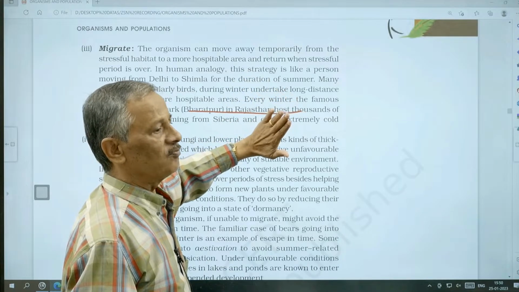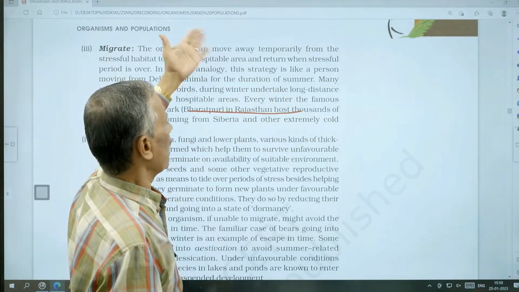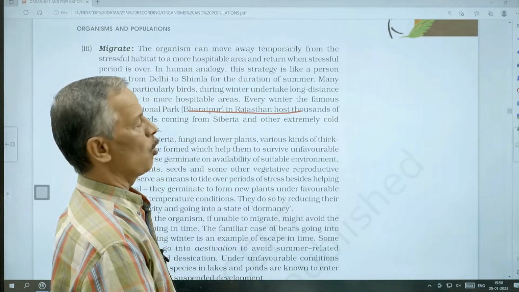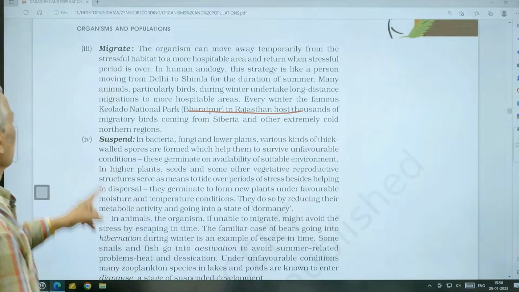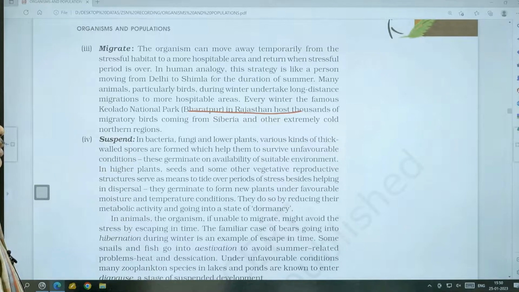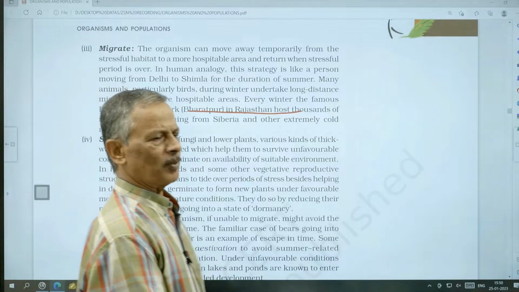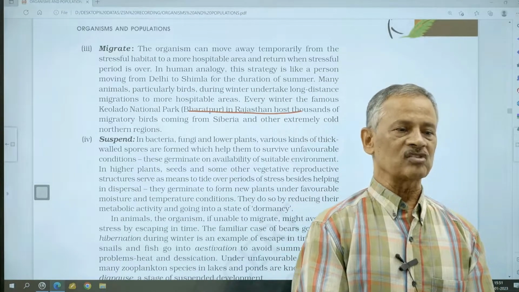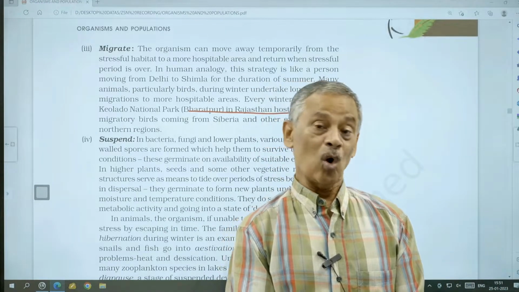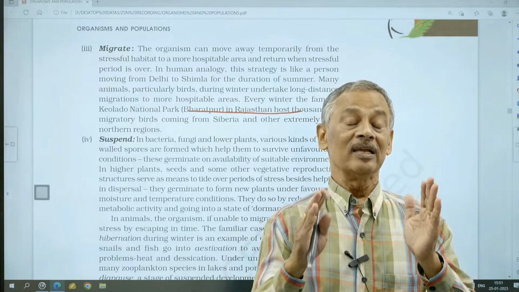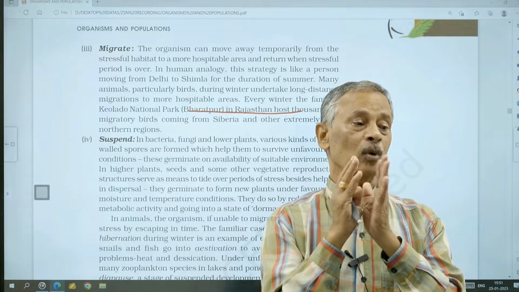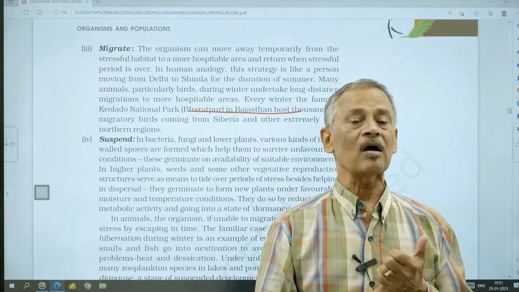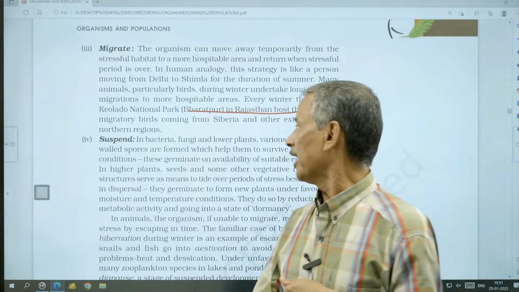And when summer arrives, they go back to the northern polar regions. Two, they will stop all their metabolic activities and enter into long sleep. Long sleep is by suspending their metabolic activities to a minimum. This is called suspended animation.